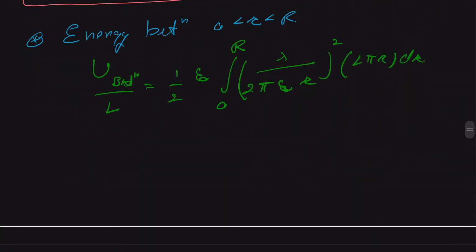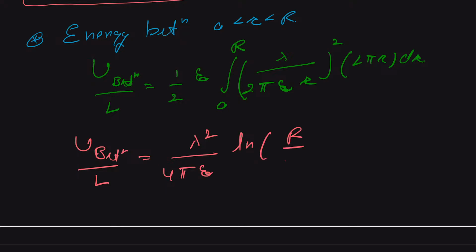So now it is quite simple. Okay. So we are going to get the energy between per unit length will be equal to lambda square over 4 pi epsilon naught natural log of capital R divided by small a.